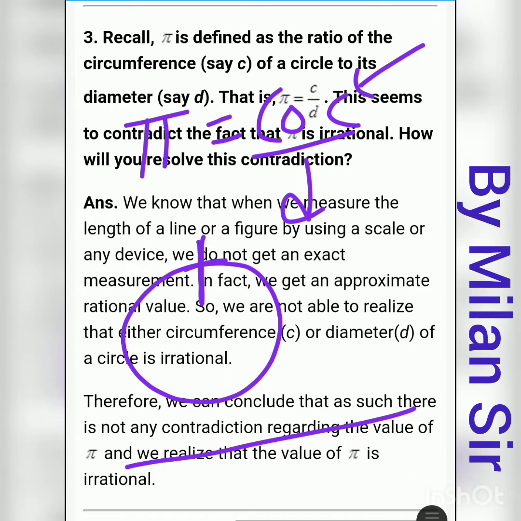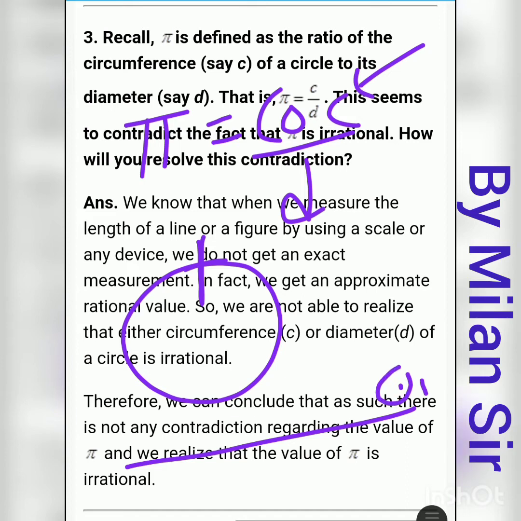We measure the length of a line by a scale, but in a scale some errors can be there. We cannot measure the exact value, because sometimes our line ends between 2 points. Exactly what the value is, we don't know, we just take the nearest value.